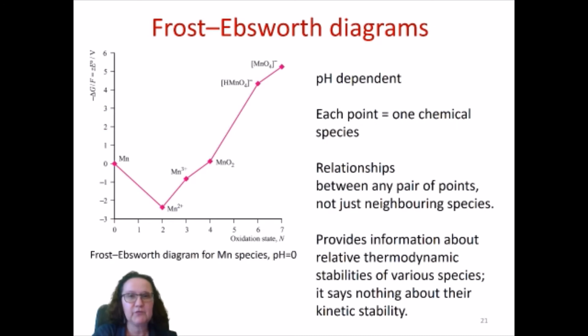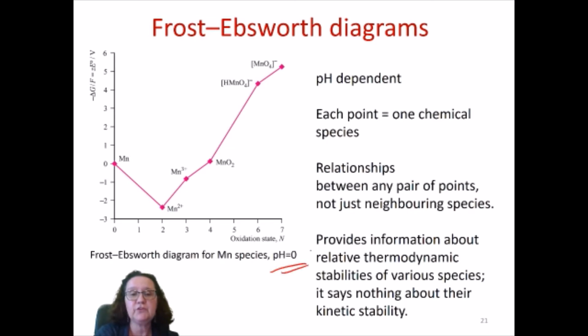Another interesting type of diagram used in redox chemistry is the Frost diagram, also called Frost-Ebsworth diagram. This was Frost's idea. He published a paper in the mid-50s describing these diagrams. They are pH dependent. So this specific one is a Frost diagram for the manganese species at pH 0.